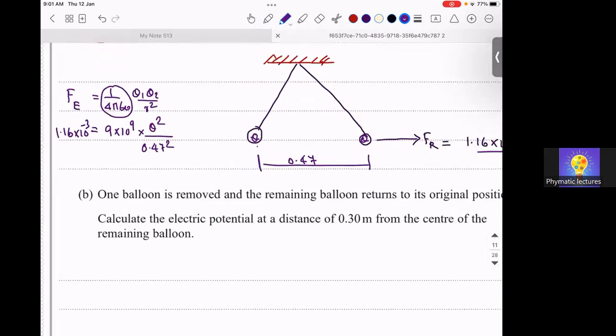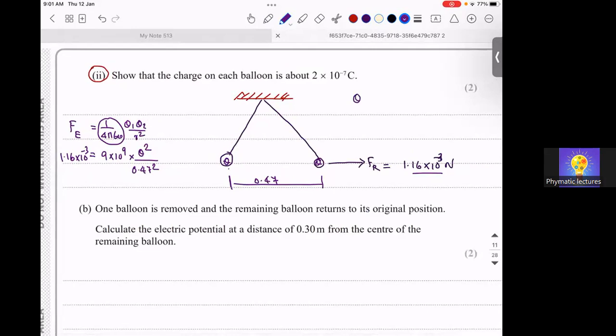If you make Q square the subject, the value of Q square is equal to 1.16 into 10 raised to minus 3 into 0.47 square divided by 9 into 10 raised to 9. Therefore, the value of Q is the square root of this.